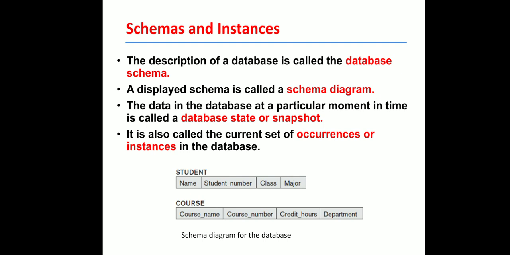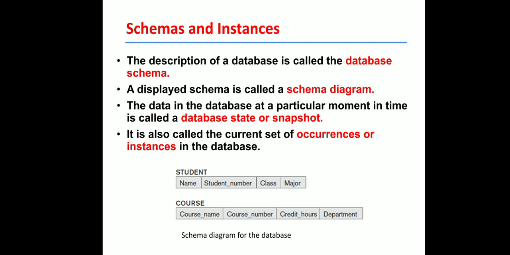The data in the database at a particular moment in time is called database state or snapshot. Suppose I have an entity called student. In that entity student, the name can be xyz, student number can be 10, class can be 12 and major can be CS.